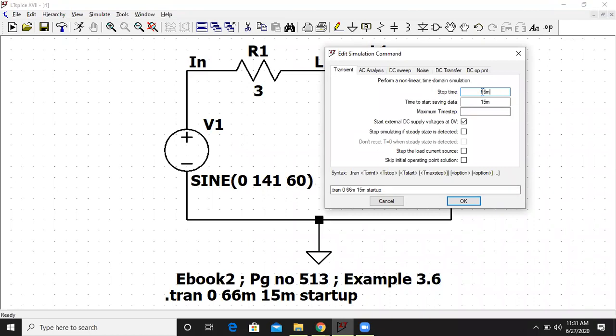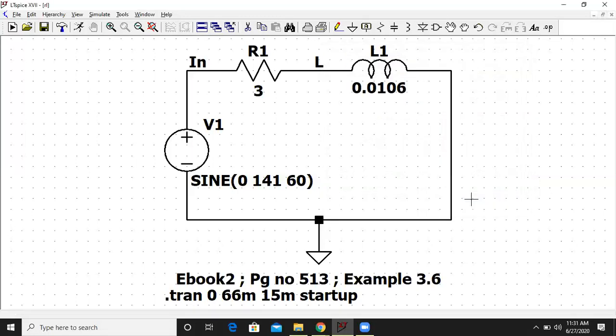So here you give a stop time of around 66 milliseconds, and the time to start saving data will be 15 milliseconds. Just give this number, I'll explain why I've given it, and click on OK. Also click on start external DC supply voltage as 0, and click on OK.